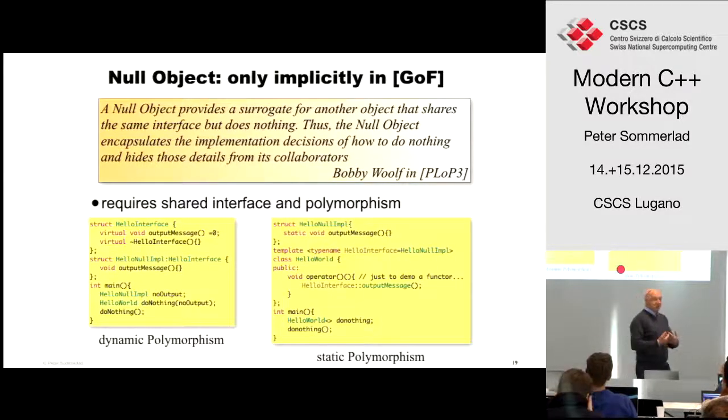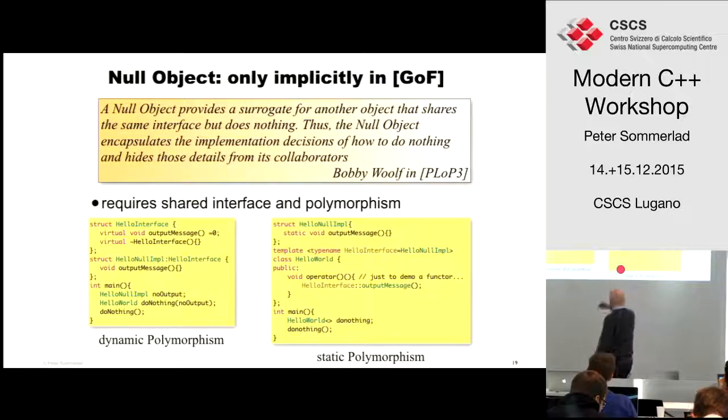Instead of having these conditionals, the trick is to provide a specific implementation for the null case, exactly what you would put in that if it's null, and always delegate to the corresponding object, and make sure you won't get a null version of it. If we go back to our hello interface, the dynamic version, we can have an implementation where the output message virtual member function does nothing.